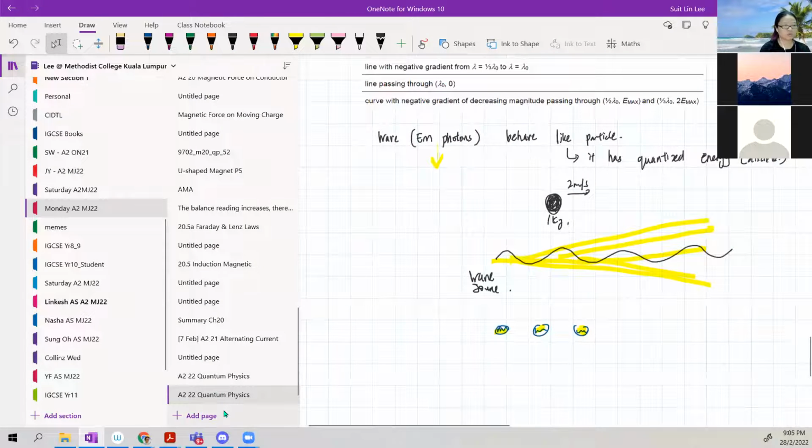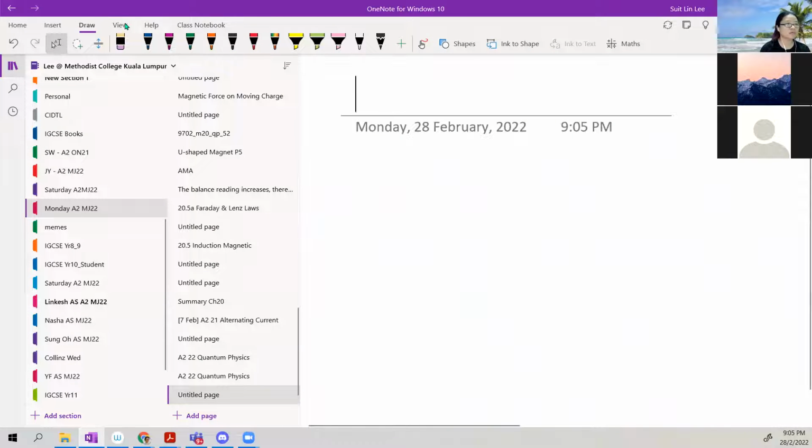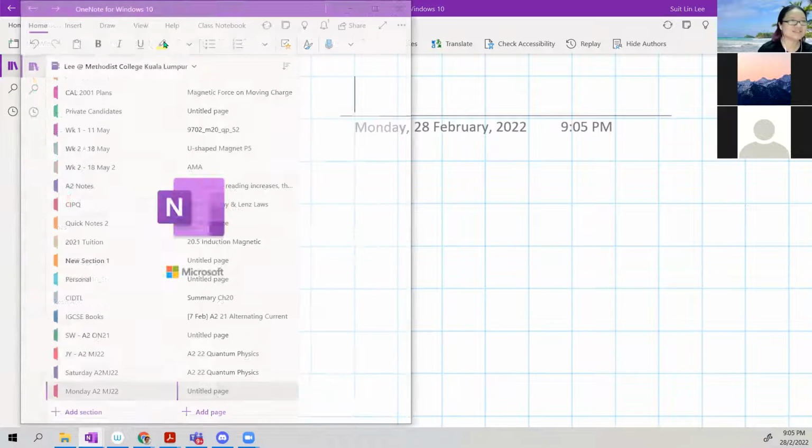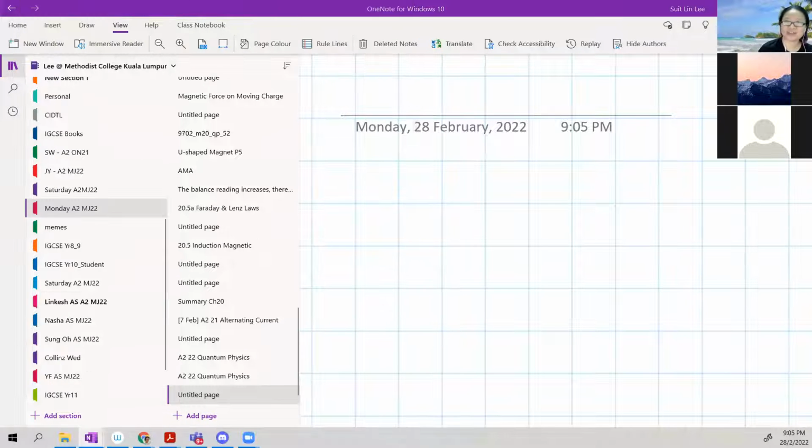The next one that we're going to do in quantum physics is to answer the question, if light can behave like particle, can particle behave like light? Can I mash it up together? Is there some duality? Well, I'll say yes. Okay, so the line between particle and wave has begun to blur.